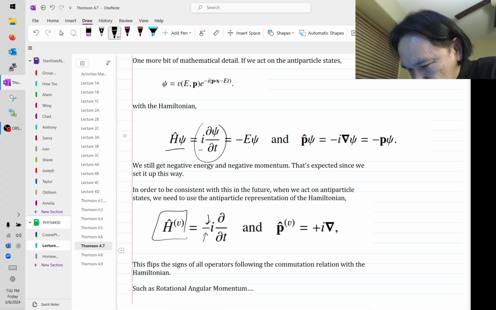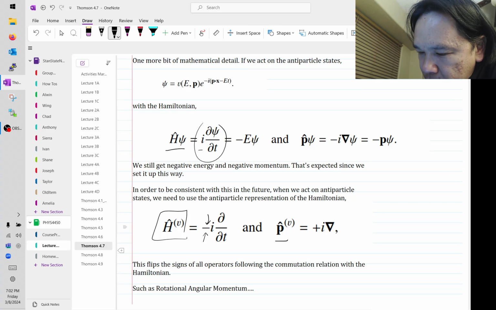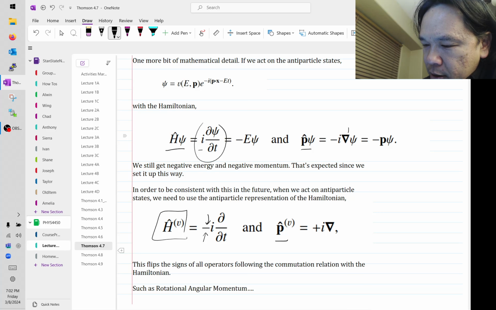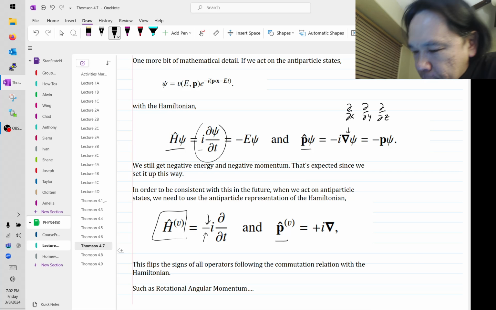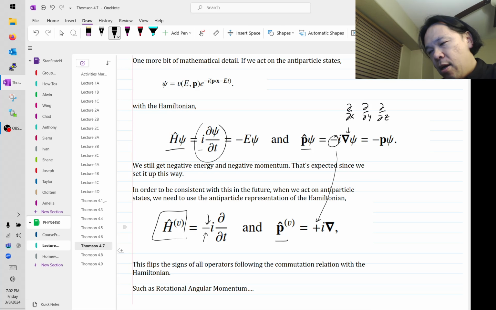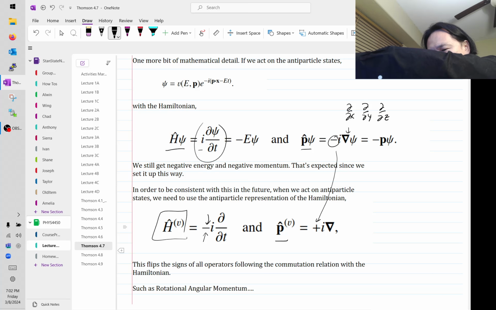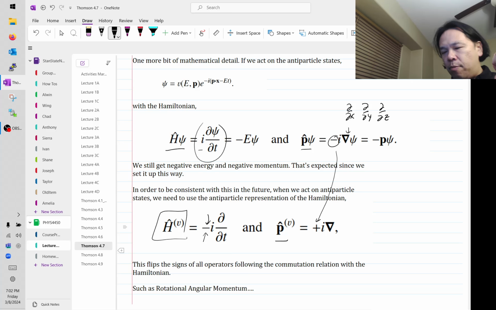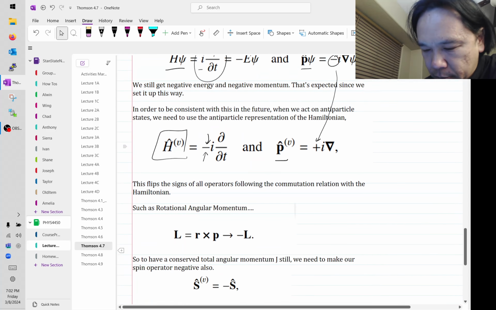Similarly, the momentum operator for particles is negative i times the gradient, where the gradient is partial x, partial y, and so on. Instead of negative i, we're going to make that a positive i, because whatever particles were going forward in time are going to go in the exact opposite direction when we flip time backward.